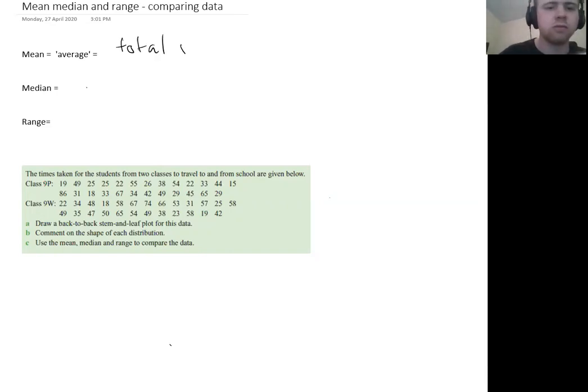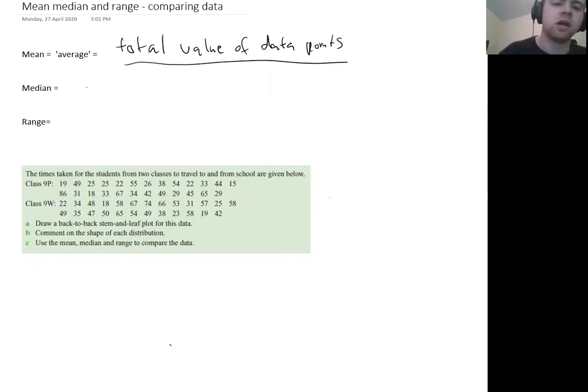Now we should be quite familiar with that concept. What that gives us is roughly a score that's in the middle.